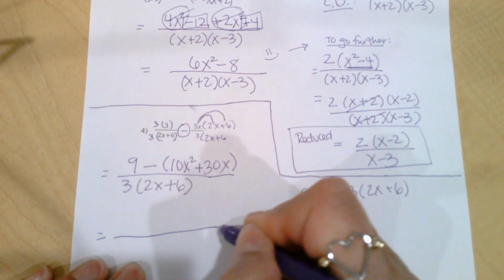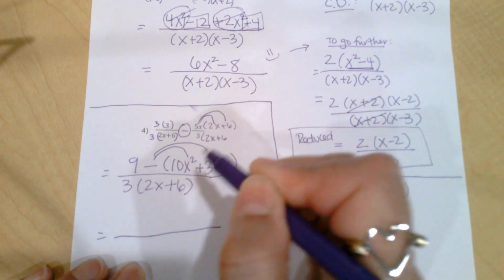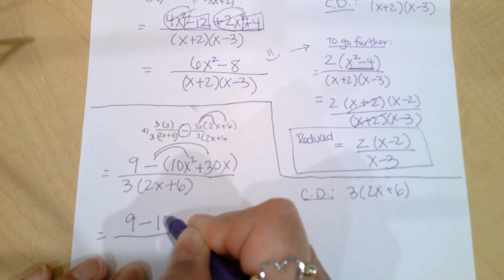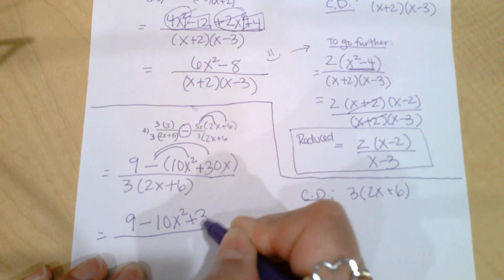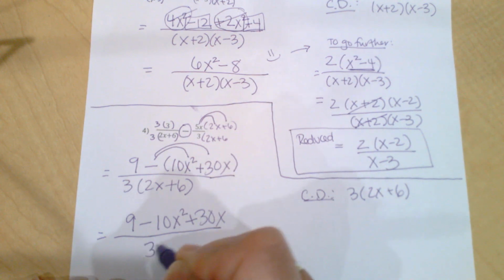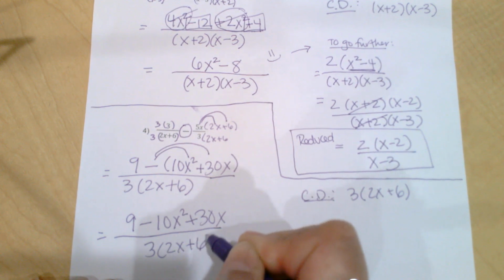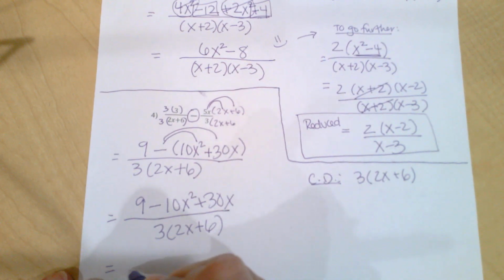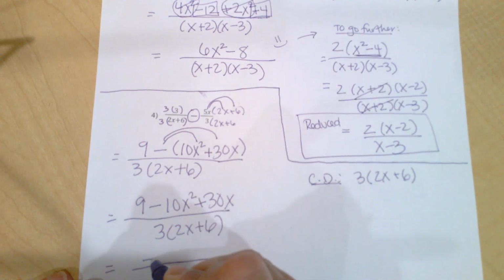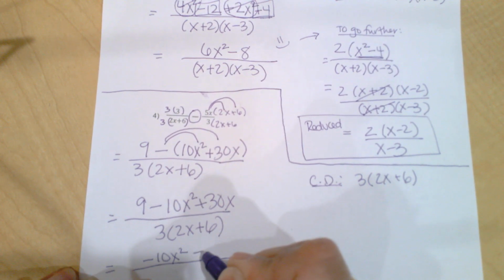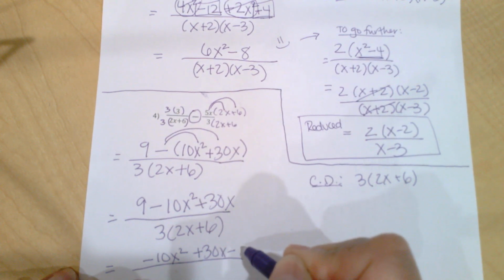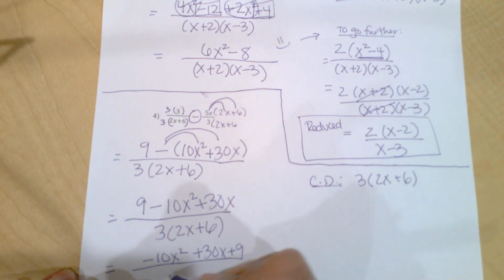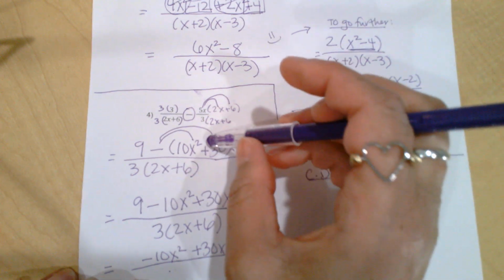Now to keep simplifying, I'm going to have to distribute that. So 9 minus 10x squared plus 30x over 3 times 2x plus 6. I'm going to rewrite it so that it's in standard form. So I'm going to put negative 10x squared plus 30x plus 9 divided by, oh, it shouldn't be 30x.